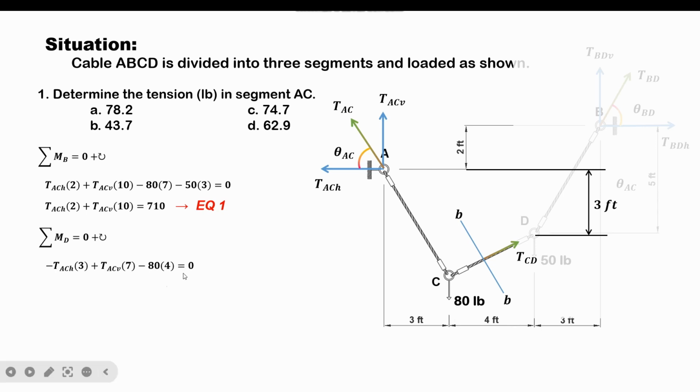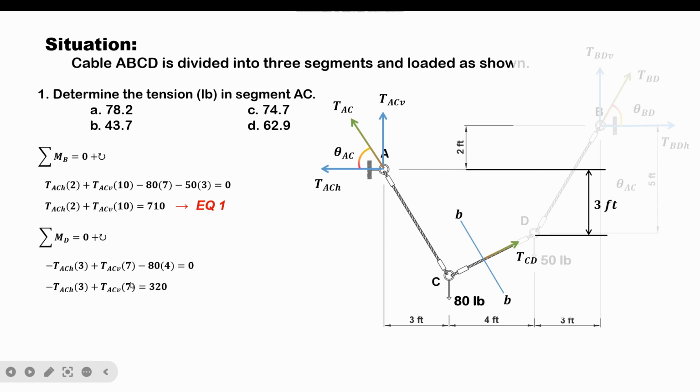Again, like what we've done with equation 1, let's retain the terms with unknown variables, and those terms that we can simplify will be simplified and transferred to the other side. So we have here negative TACH times 3 plus TACV times 7, and we should perform the operation here and transfer the result to the other side.